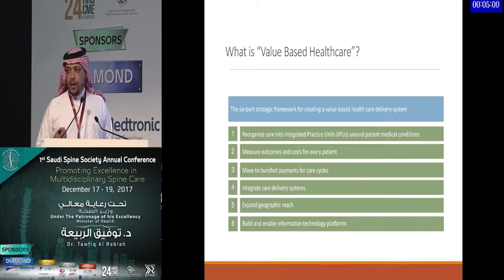And this was pioneered by Professor Porter and Kaplan at Harvard. It started more than 10 years ago as an initial idea, and it has started to spread across the globe now.